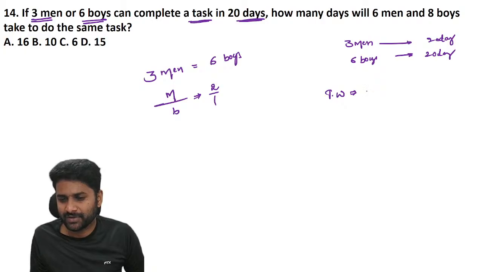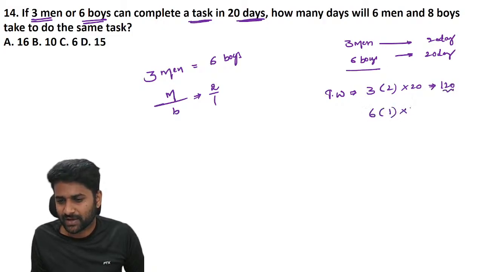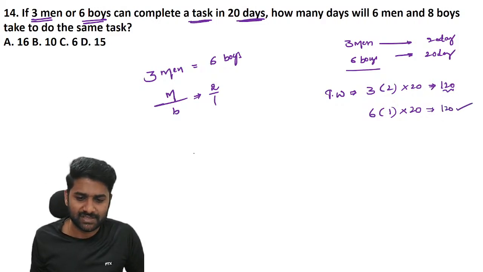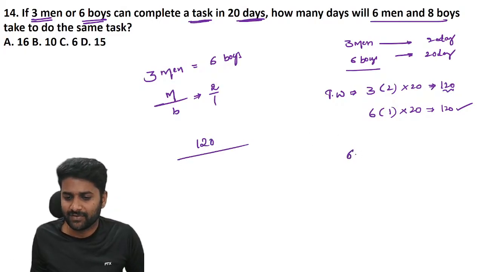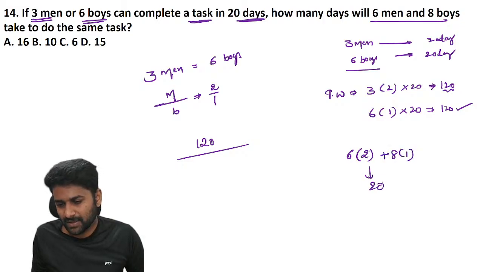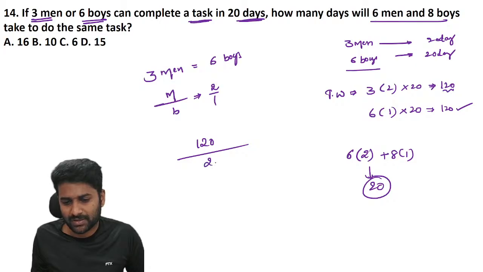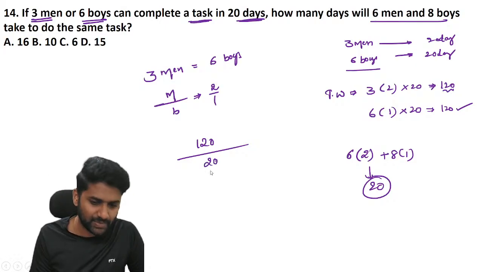You can take any information. 3 men, efficiency 2 units, 20 days, and the total work is equal to 120. Otherwise, you can take 6 boys, efficiency 1 unit. 1 into 20 into 6 is 120. Total work we can't change, guys. Now the total work is 120 units. We are assigning 6 men and 8 boys. So if 6 men and 8 boys work together, they will complete 20 units per day.